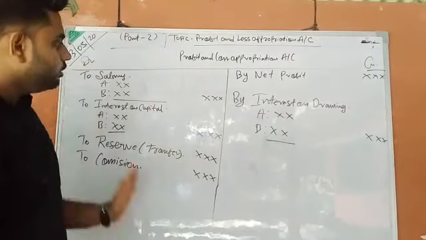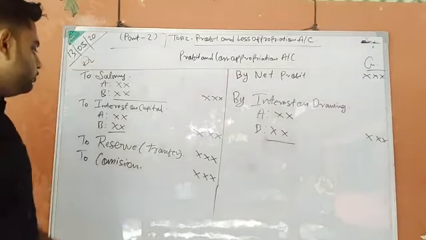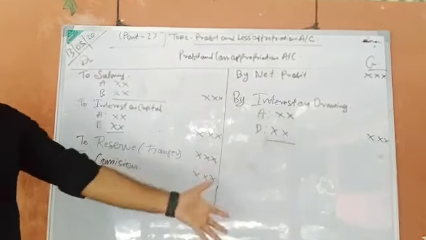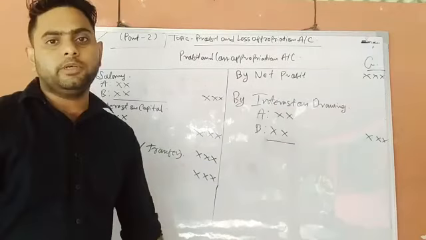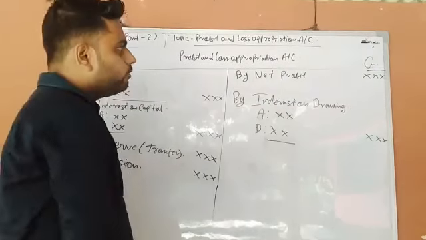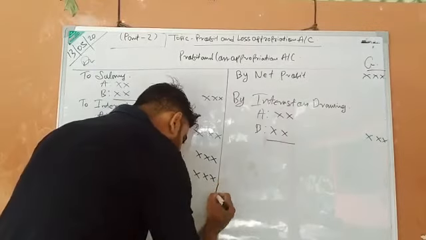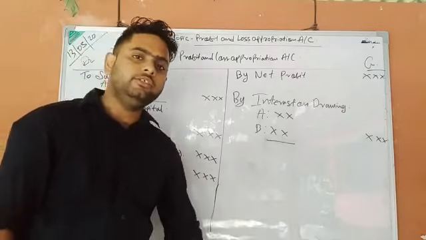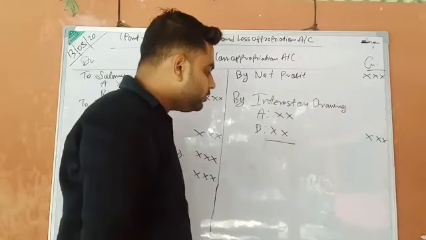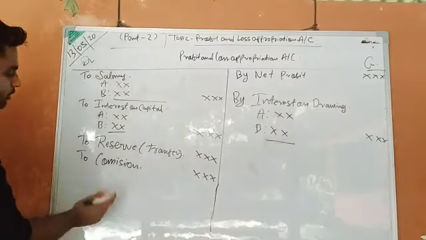After all these items, there can be more items. Basically, these are the only items that will come in this profit and loss appropriation account. After this, we have to tally. In that tally, we have to see whether the debit side balance is more or the credit side balance is more. If the debit side balance is more, the balance will come here.